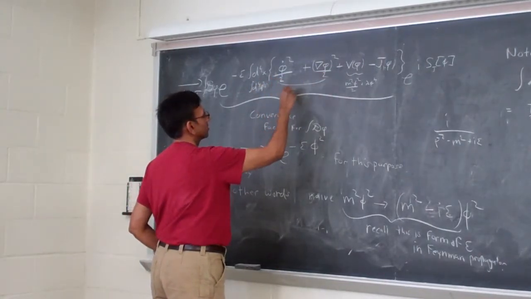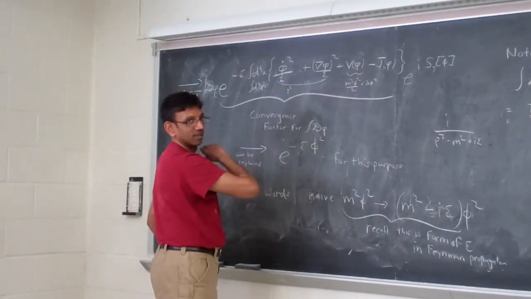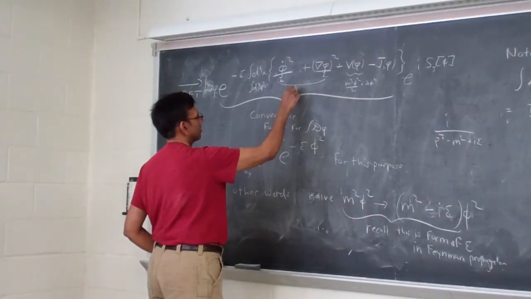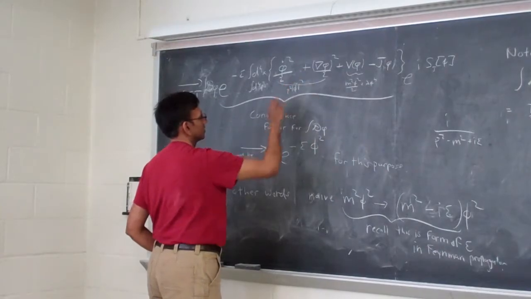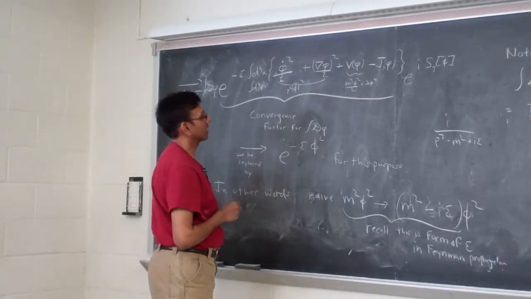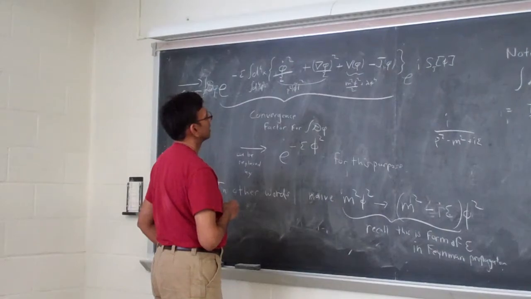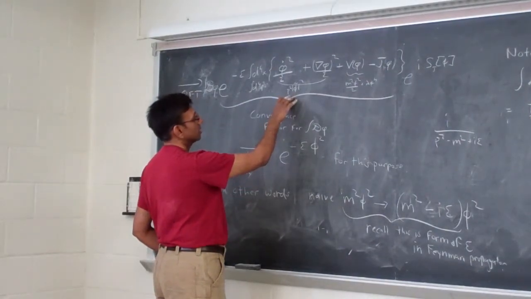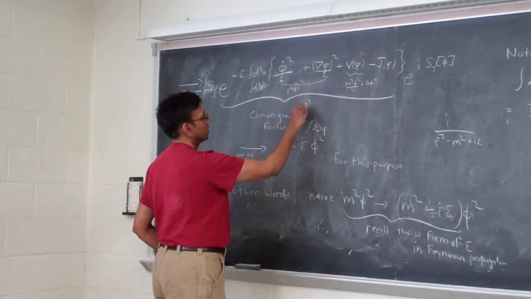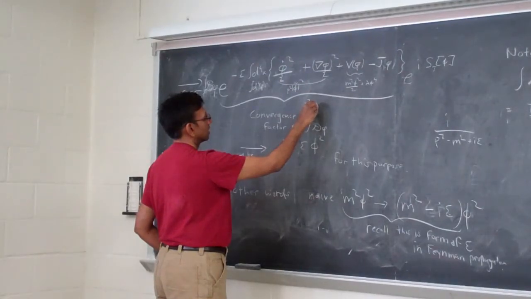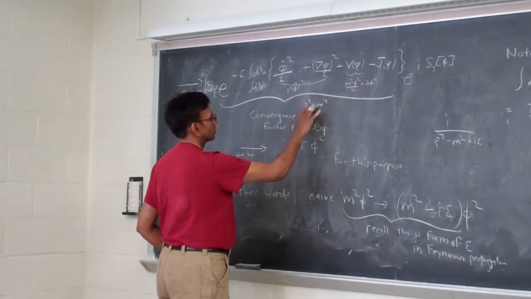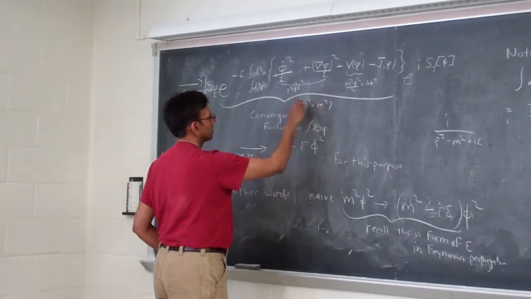This thing would turn into p squared phi tilde squared. Oh, so that's what you're saying: you'd have p squared minus m squared, and the whole thing would have an epsilon in it.